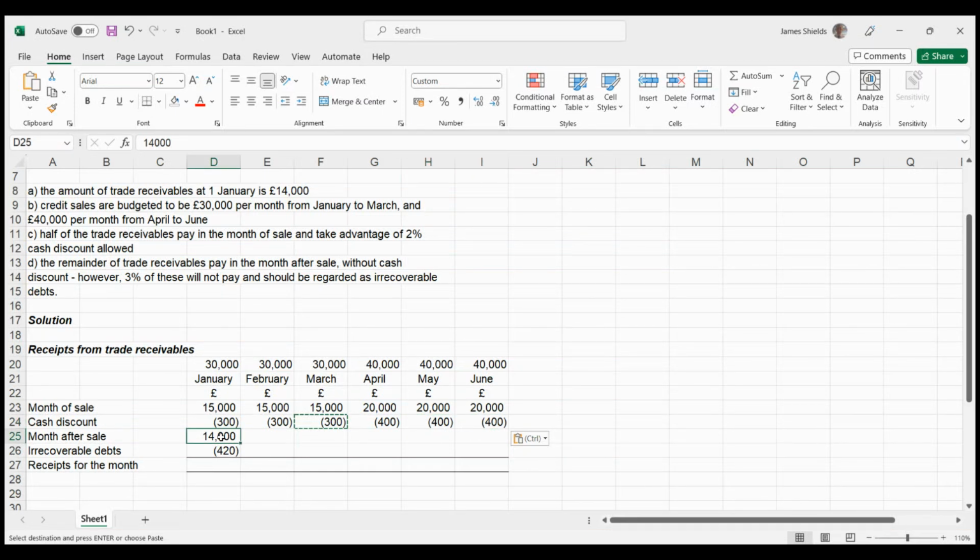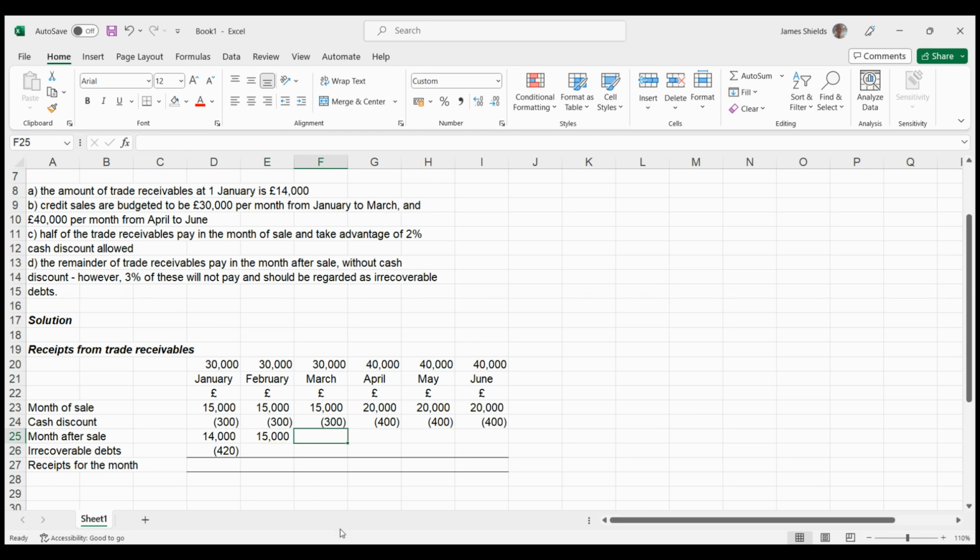Now, I need to know the amounts they're going to receive in February that are related to January. So basically, go back to part C. Half of them pay in the month of sale, which means the other half pay in the month after sale. So in January, there are £30,000 in total. Half of them are going to pay in the current month and take the cash discount. The other half is going to pay in the month after sale, so that's going to be £15,000 there.